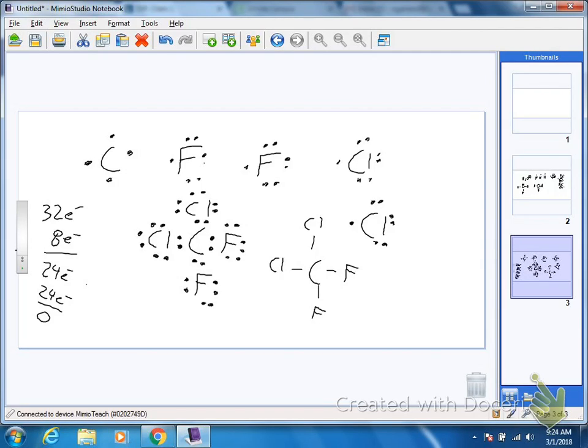Okay. So we get into talking about these things called multiple bonds. And I think it's helpful to show you something before we get into multiple bonds, so that when we start doing multiple bonds, you'll see how certain elements can form 2 or 3 multiple bonds, and when some can't.